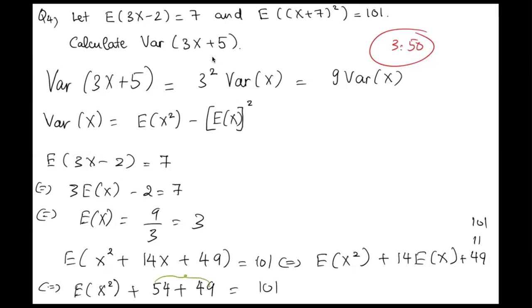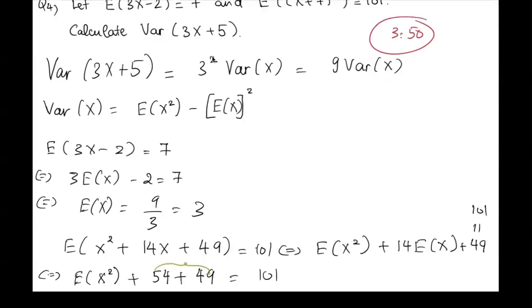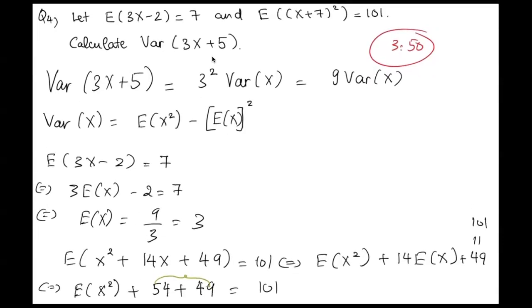The value here, let me see. So we have 3. Did I make a calculation mistake somewhere? 3 times expected value of x minus 2 equal to 7. So that is 3, that is fine.